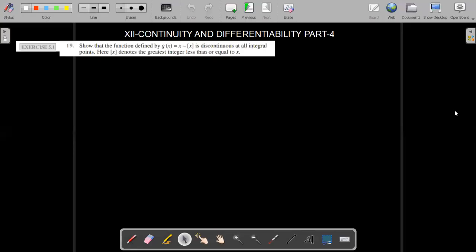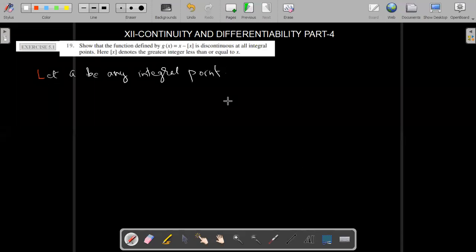So already it is given that this denotes the greatest integer less than or equal to x. So we have to show it is discontinuous at all integral points. So we can let a be any integral point.